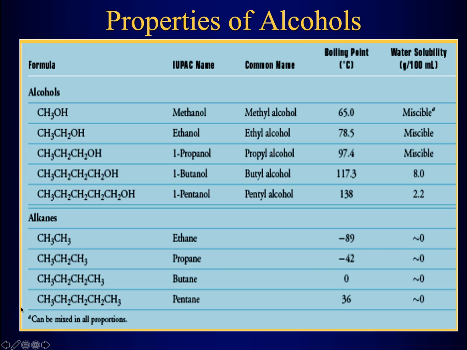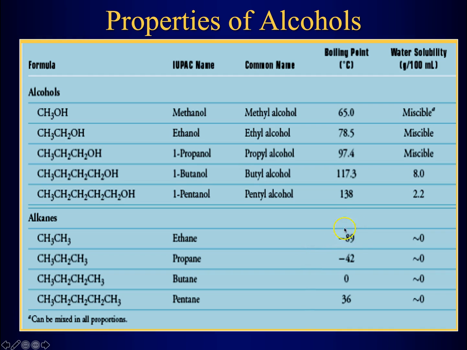So just as a side-by-side comparison, I have methanol, so 1 carbon, 2, so these are all our alcohols, and here are all of the corresponding alkanes. So I have our ethanol, so 2 carbons with an alcohol, 78 degrees for our boiling point. Whereas ethane, negative 89 degrees Celsius.